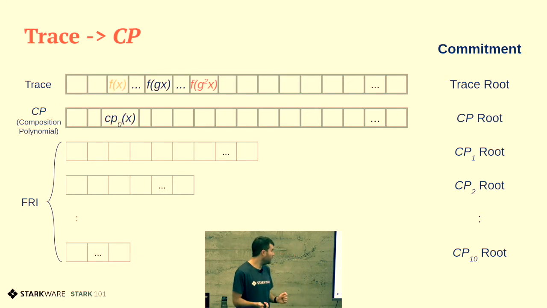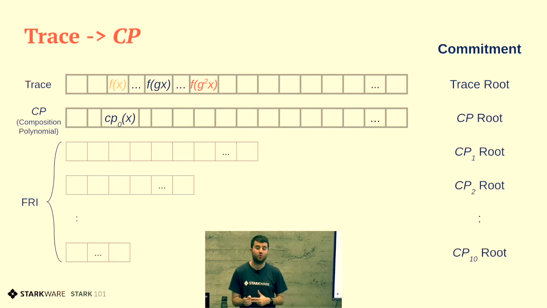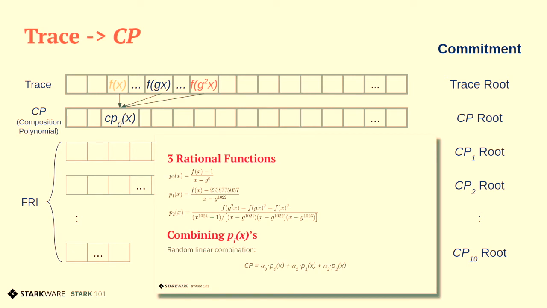And how can he do it? The prover will send to the verifier, for some x, f of x, f of gx, and f of g squared x. The verifier will be able to compute by himself CP0 of x. How will he do it?